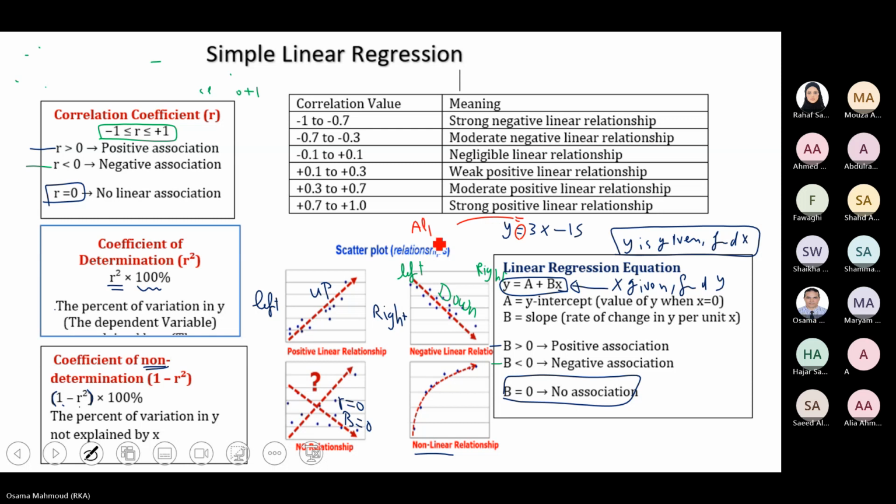Alpha, then the t key plus calc. After you type this equation, you just click what? Shift and calc, right? Shift and calc, or alpha and calc.